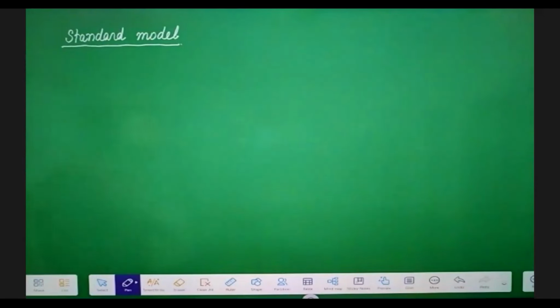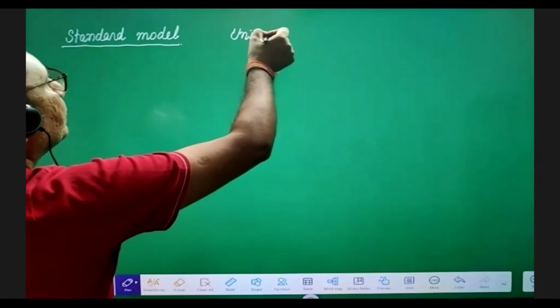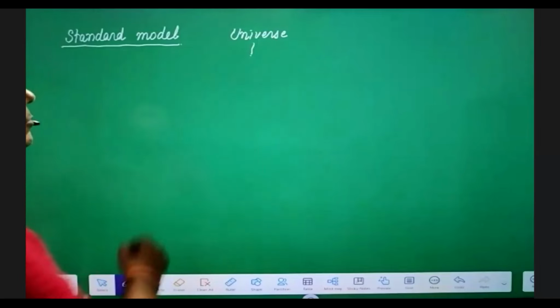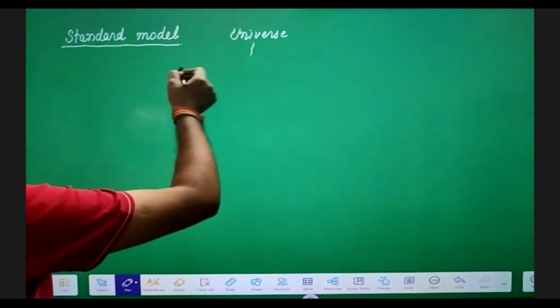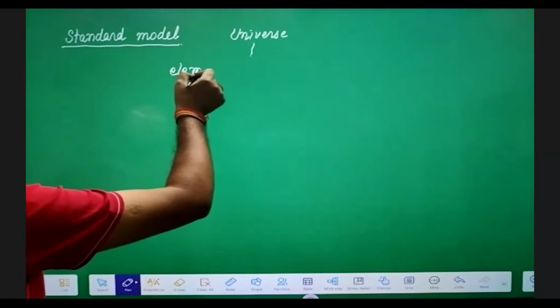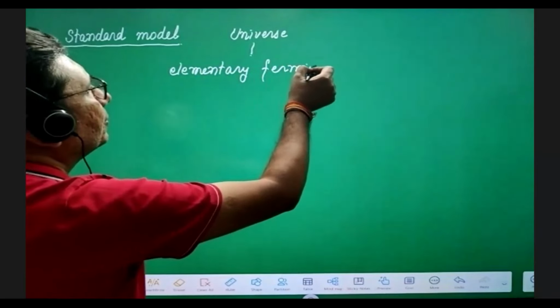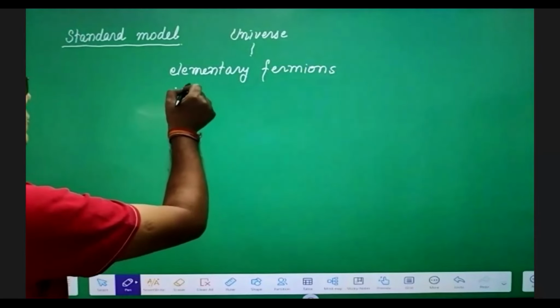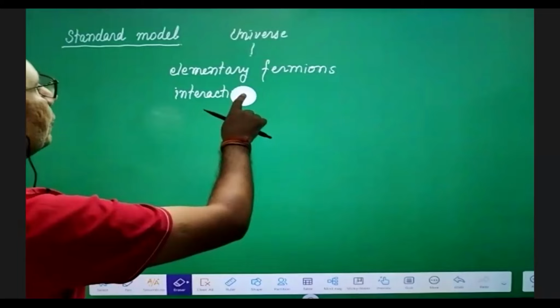According to the standard model, this universe is made of elementary fermions interacting through exchange bosons.